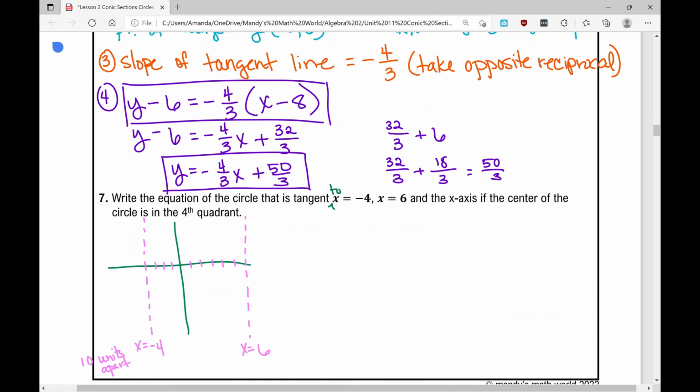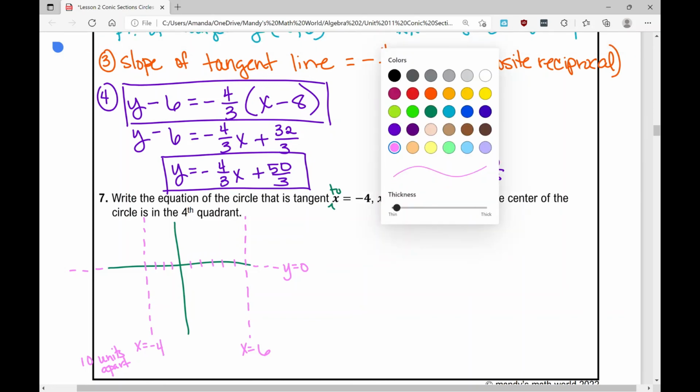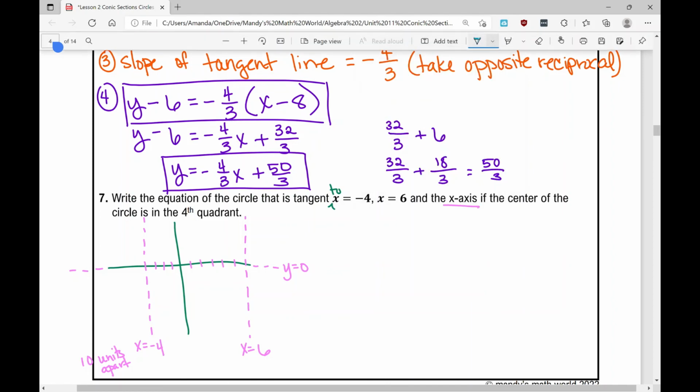And it's tangent to those lines. It's also tangent to the x-axis. That's right here at y equals 0. And the center of the circle is in the 4th quadrant. So let's think about this. I'm going to use blue right here.